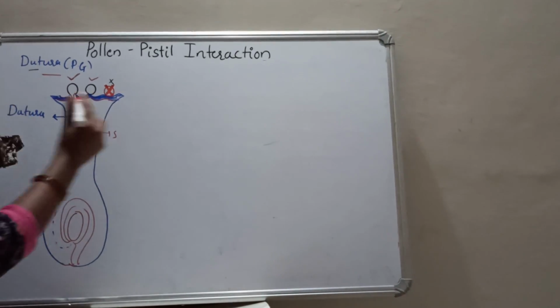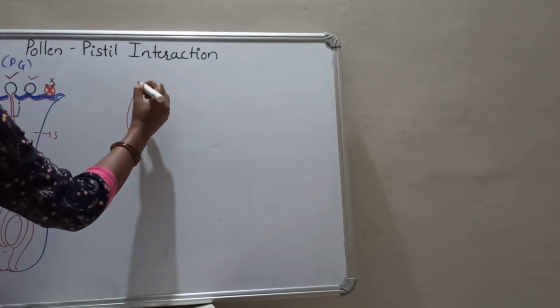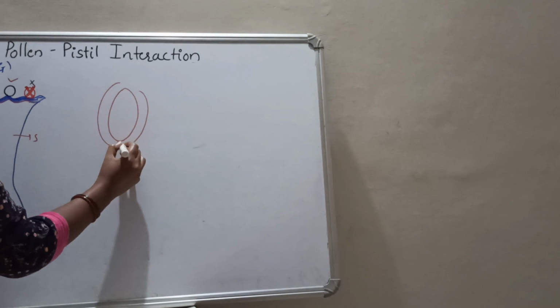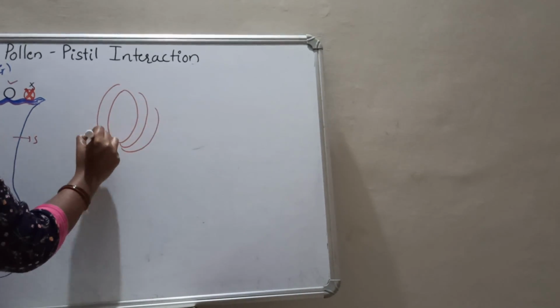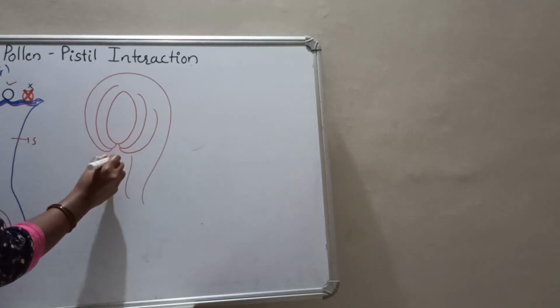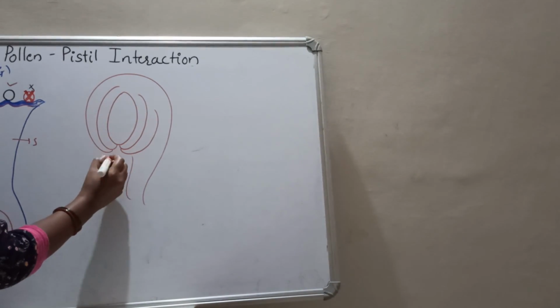Here it is the structure of the ovule. These are the integuments. The pore is present at one side of the ovule.